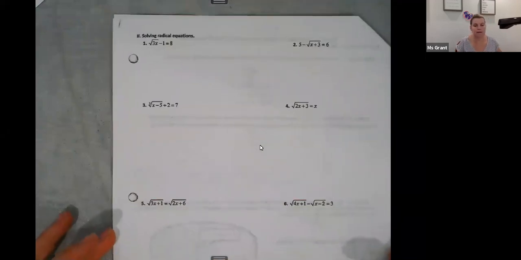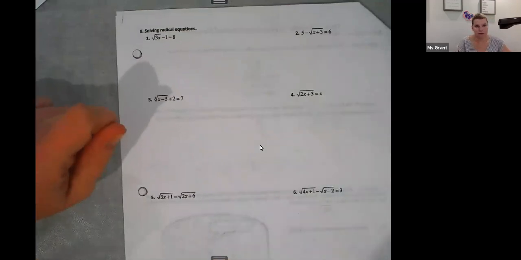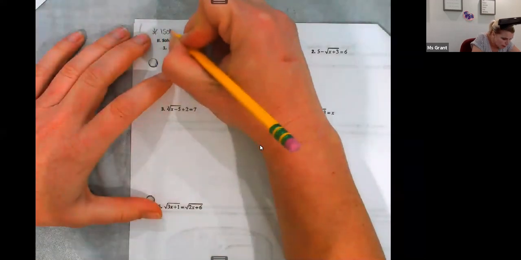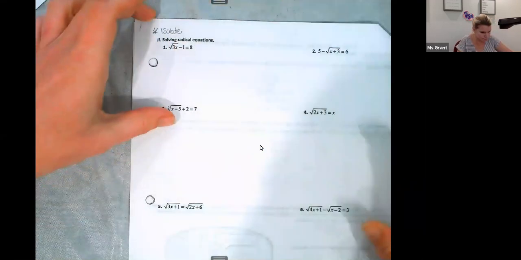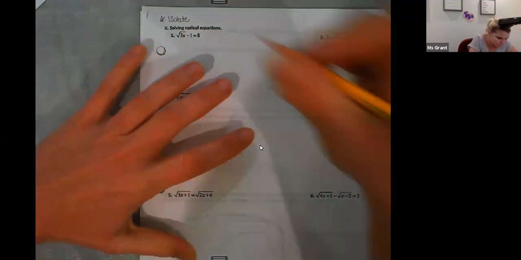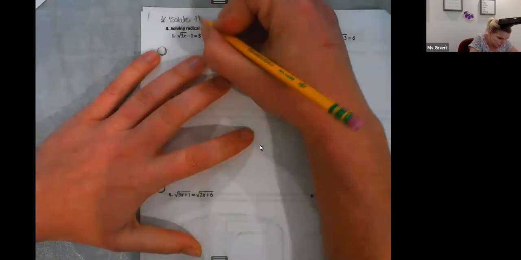Let's start out easy, okay? Here's the task for today. I'm trying to solve for X. If there's an equal sign and there's an X, your job is to solve for X. Step 1: isolate the square root.